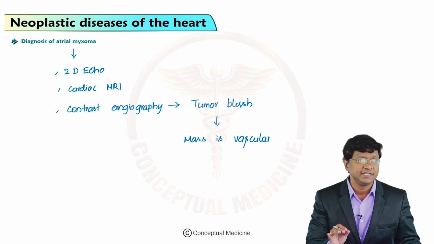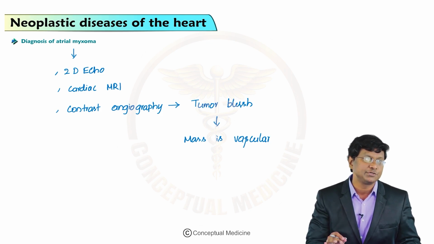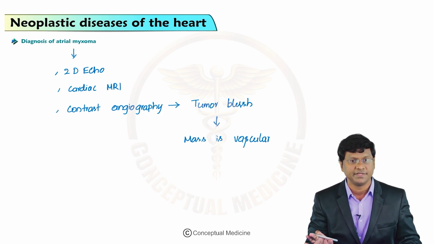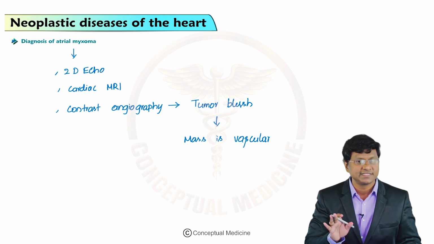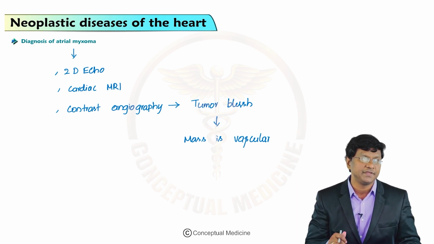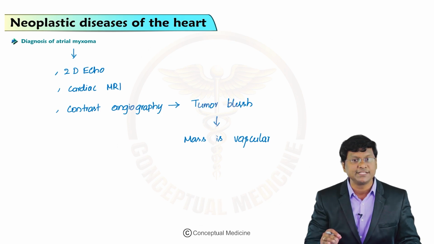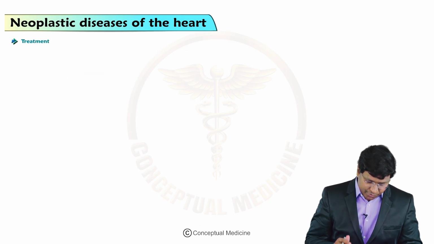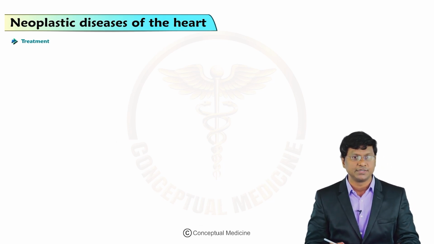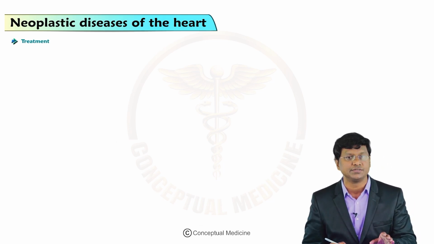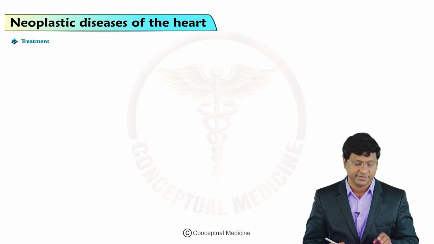So the first line investigation, or the investigation of choice, will be two-dimensional echocardiography. Cardiac MRI is useful as an adjunct, and contrast angiography will demonstrate the tumor blush, which tells you that the mass is vascular. Then how do you treat patients with atrial myxoma? Surgical excision is usually curative.